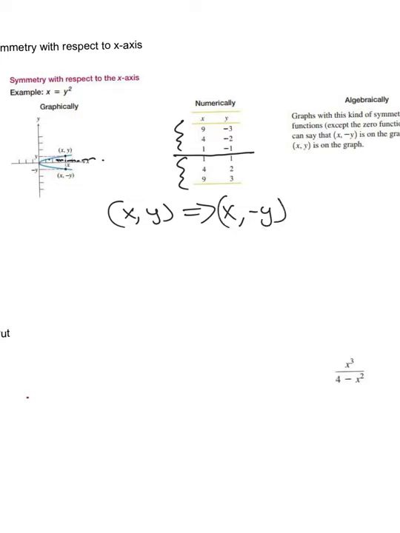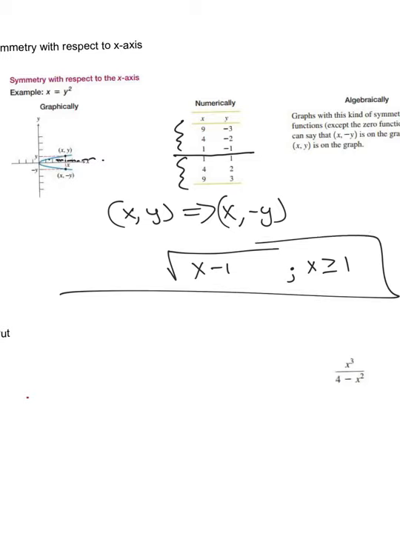Your biggest example would be your square root function, where we then change the domain to say that x has to be greater than or equal to 1 because it can't be 0. In order to be a function, this is what we say, but if we didn't make it a function, all square root functions would be symmetrical about the x-axis.